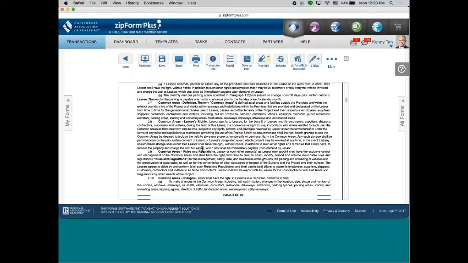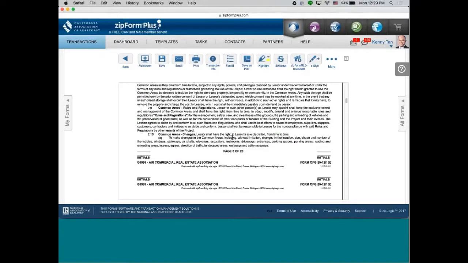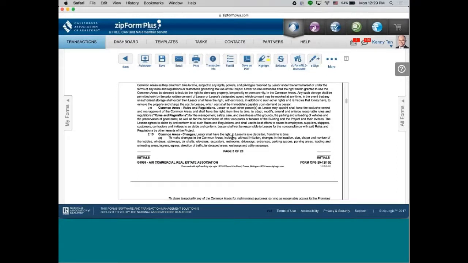And the common area definition will be the same as in the case of a net lease. Same definition. There's really no difference. The only difference, as I told you before, is that the base rent will cover the operating expenses.